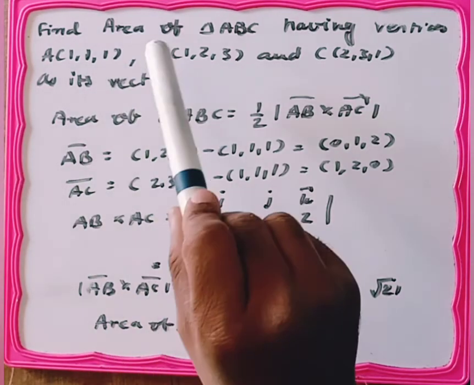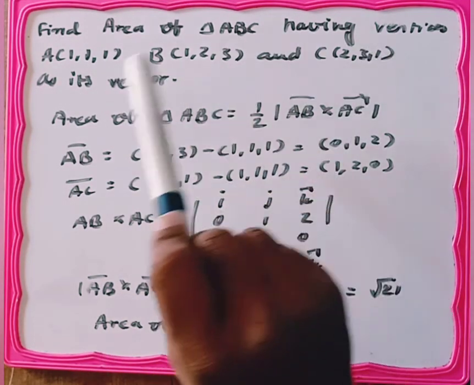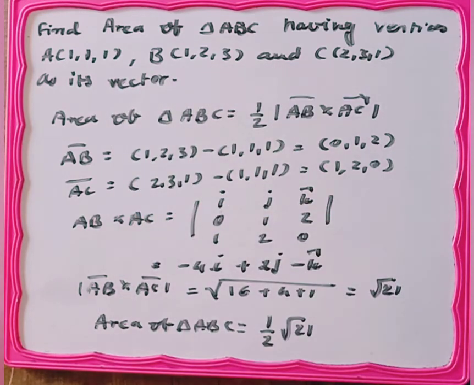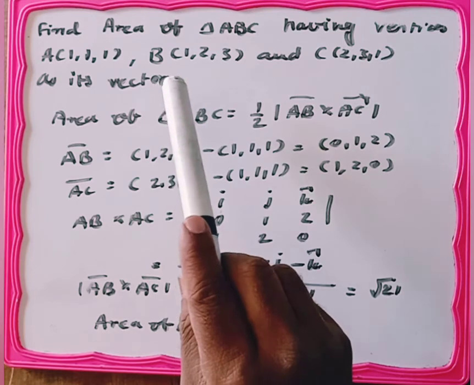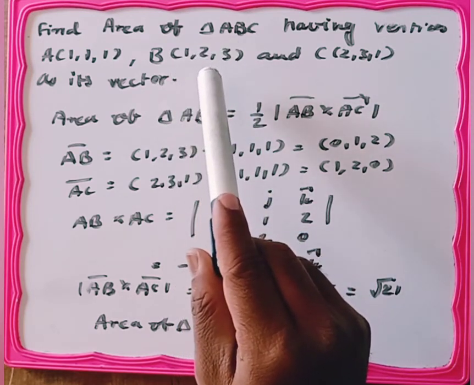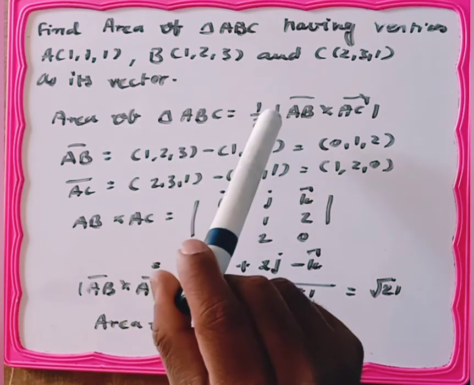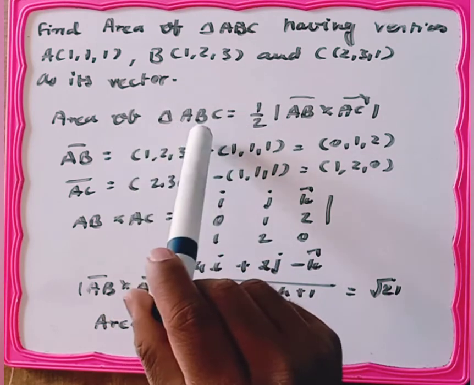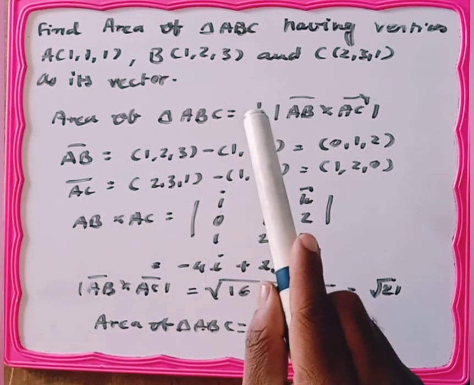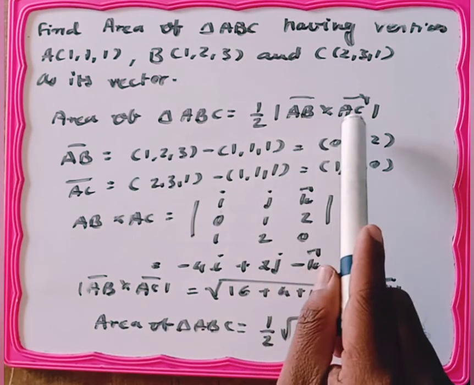Next example: find the area of triangle ABC having vertices A(1,1,1), B(1,2,3) and C(2,3,1). So here the triangle has two sides AB and AC. Area of triangle will be given by 1 by 2 magnitude of AB cross AC. So we find the position vectors of AB and AC.